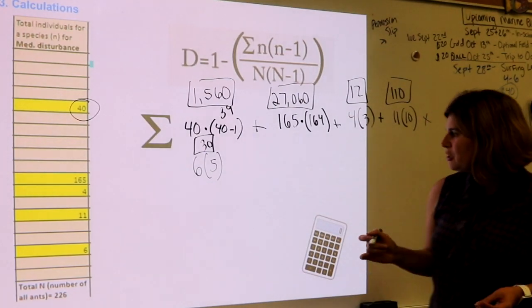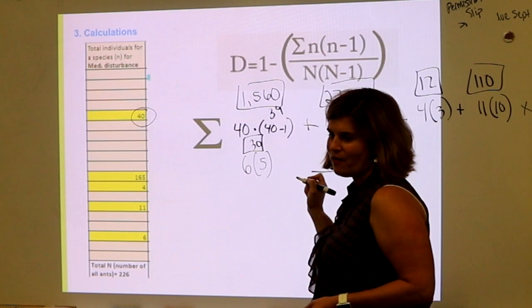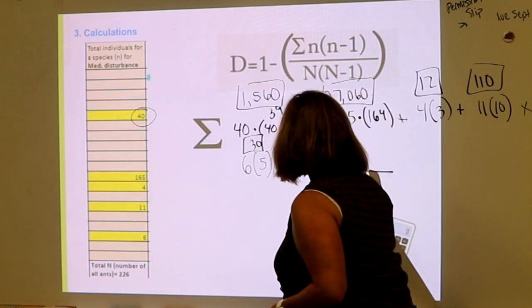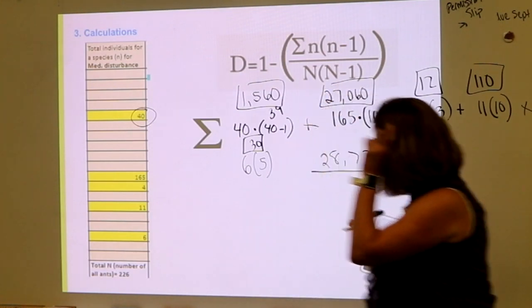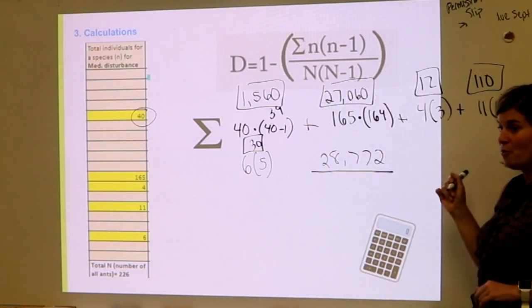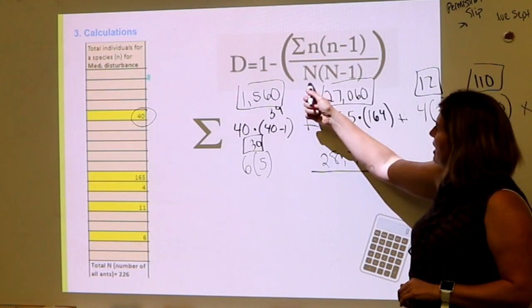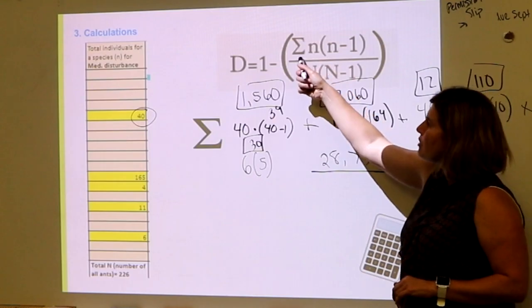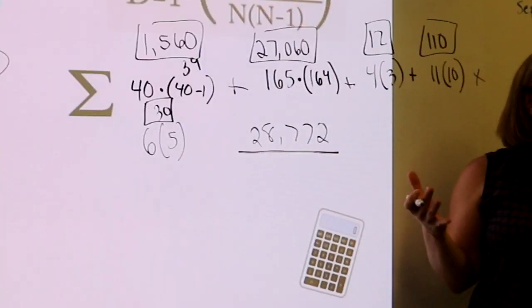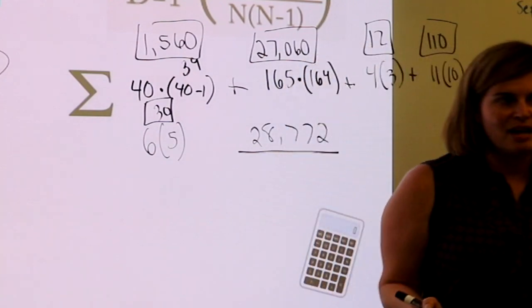If we were to add all of that together, that would give us 28,772. So that's the numerator. Now we have to figure out the bottom of the equation. That was big N times big N minus 1. Notice there's no more sigma because there is only one big N value. So that's the 226 down here.